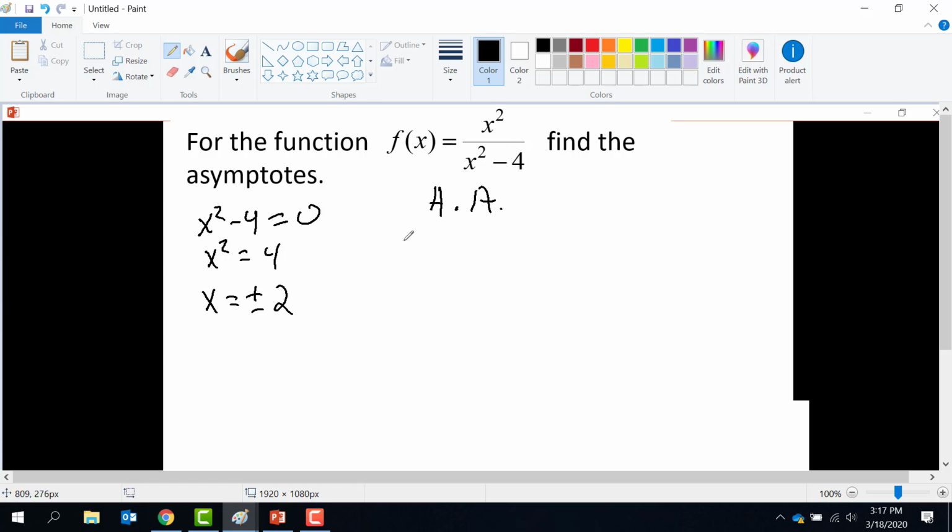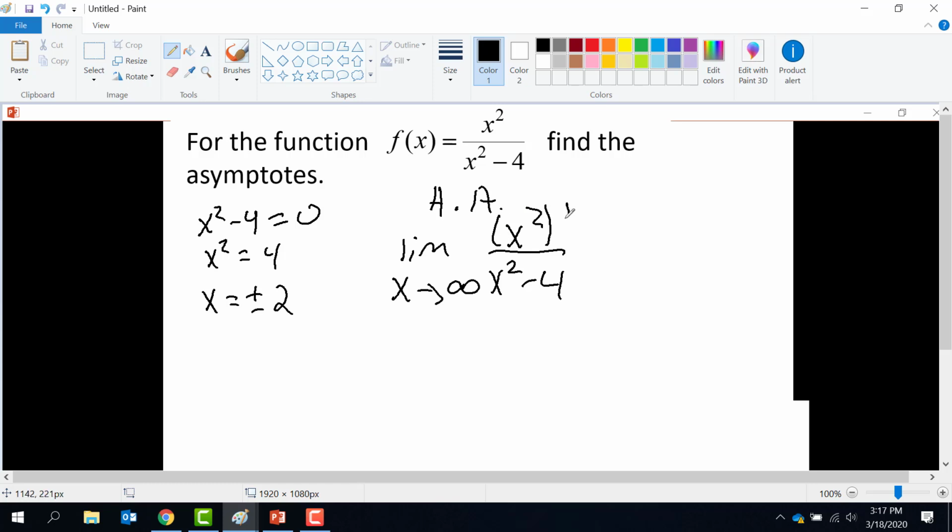We figure out what is happening to the expression as x gets bigger and bigger. So we take the limit as x goes off to infinity of x squared over x squared minus 4. If you remember your results from last semester, you can use that.